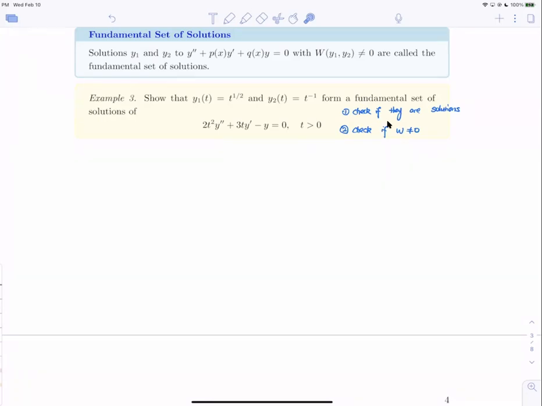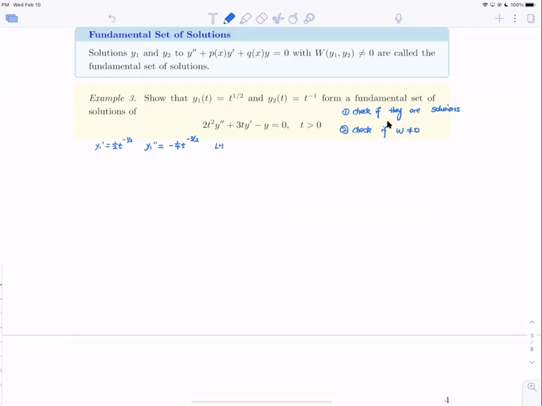Okay, I'm going to take it up because we still have a lot of material to cover. So first of all, I need to check if they are solutions. y1 prime equals 1 over 2 t to the power of negative 1 over 2. y1 prime prime equals negative 1 over 4 t to the negative 3 over 2.